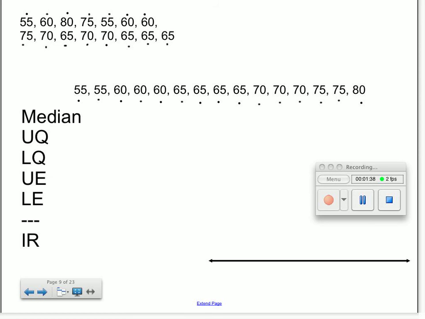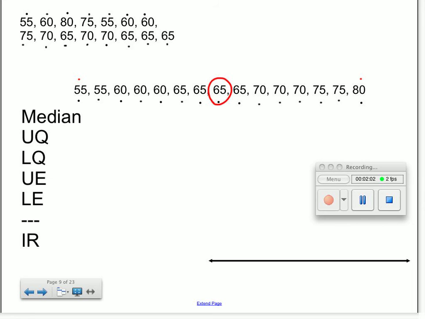Okay, so first off is median. So we can do median like we always do. Again, you're starting on either side and counting in. And then you just keep moving your fingers, and you end up landing on this particular 65. So please circle the correct 65 that is your median.